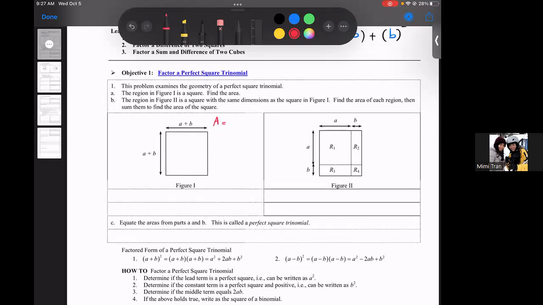What's the area of this square? Or what's the area of any square? Yeah, two lengths come together, right? And they're the same. So length times length. In this case, the length is the same. So (a plus b) times (a plus b).